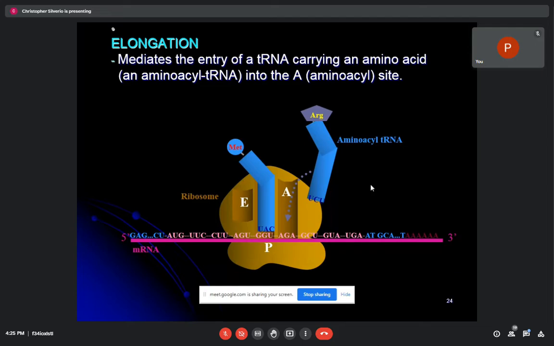Anong ibig sabihin yan? Why? How come the transfer RNA is in the GGU now? Anybody who could answer that question?